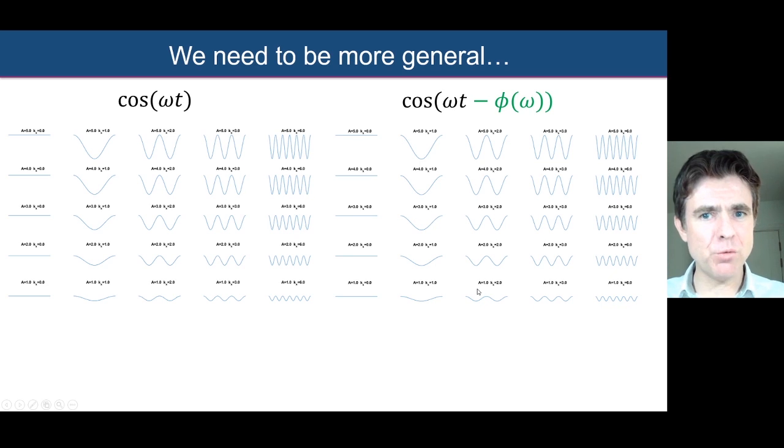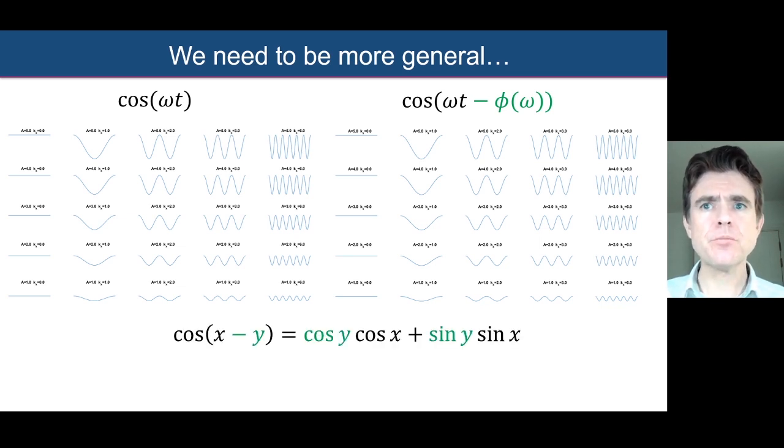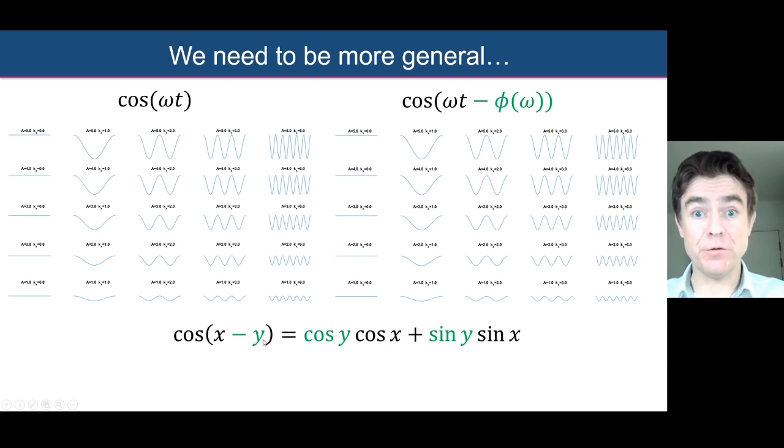So let's now develop our mathematics from those previous slides to now accommodate this more general, fully general case. First of all, I'm going to make use of a well-known trig expression, which is cos of the difference of two arguments, difference of angles if you like, is just given by a cos with no shift added to a sine with no shift, where you just have a scaling factor in front of the cosine and the sine that depends on that shift component.